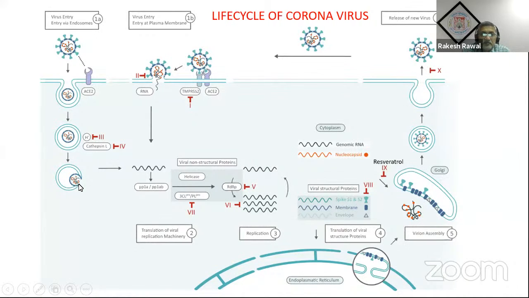So there are many opportunities, from entry to exit, where as a biologist, molecular biologist, medicinal chemist or pharmacologist, we can definitely play some role. That is the current phase of research across the globe, and if you look at the literature, people are working on various aspects of this.